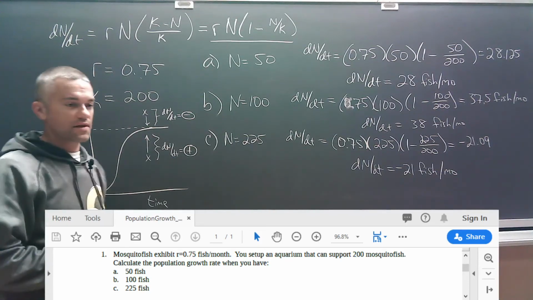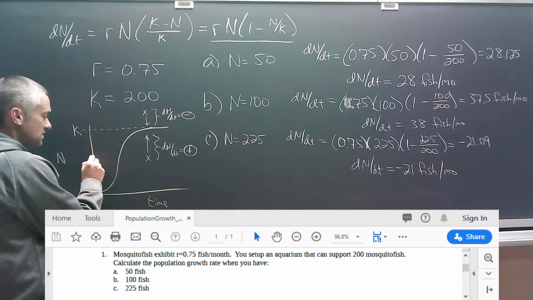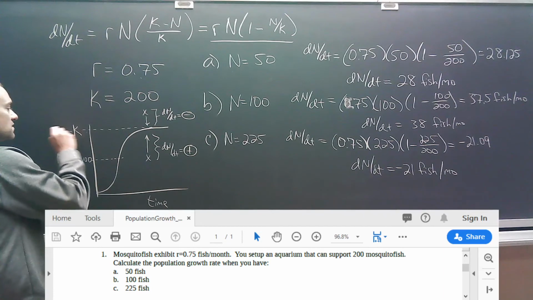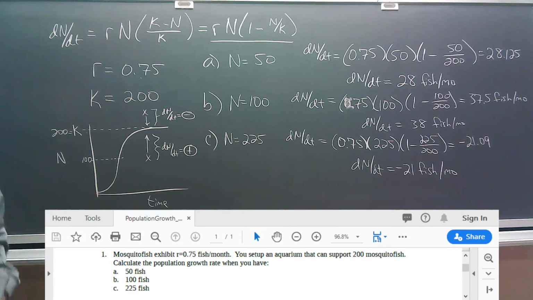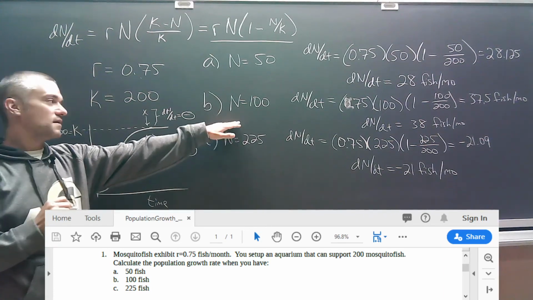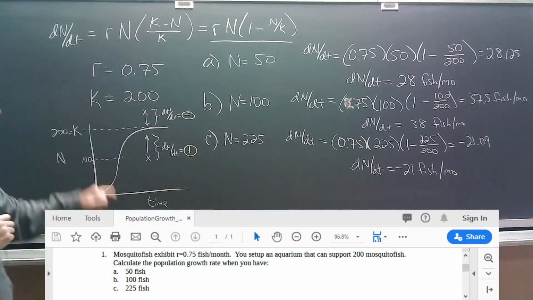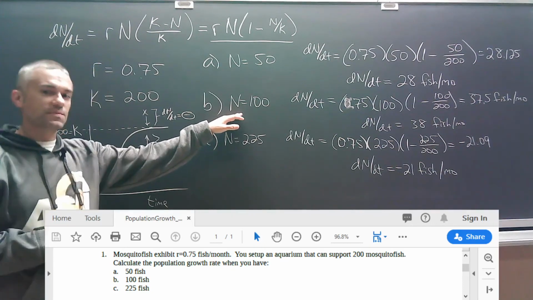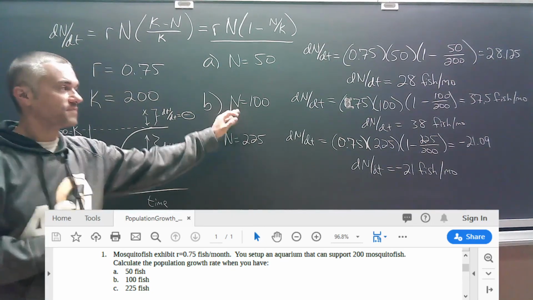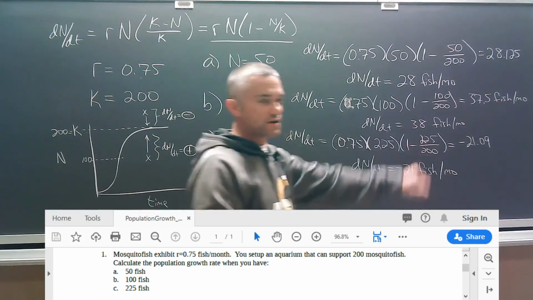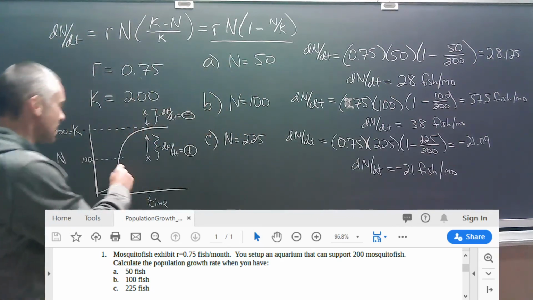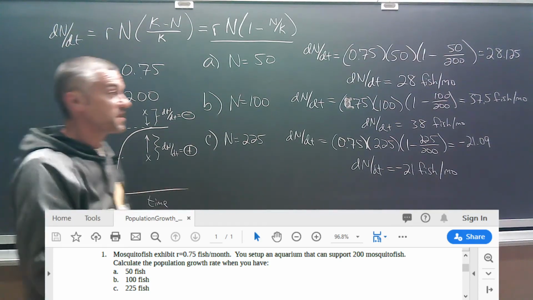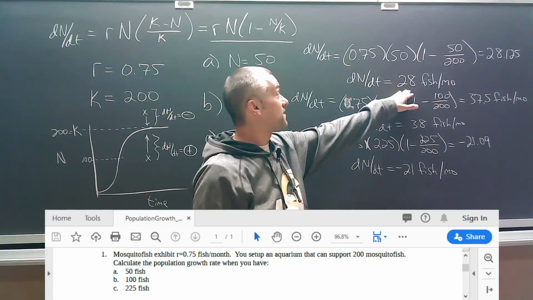There's one other point that I'd like to tell you, and that's that in this problem, we are at half of our carrying capacity for B. At this population size, a population size of 100, we are at our maximum value of population growth rate. That maximum value is 38 fish per month. Below that value, we're going to have a smaller growth rate, something less than 38 fish per month, and we see it when we have a population size of 50.